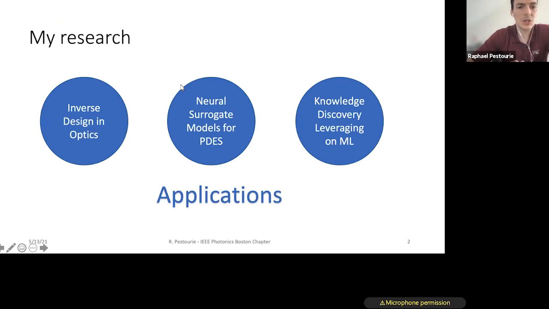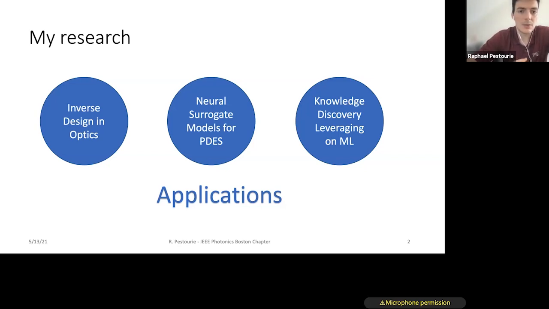My research interests from my PhD and postdoc are as follows. During my PhD, I focused on inverse design in optics. Since my postdoctoral studies, I have started to consider neural networks and machine learning as a complementary tool to more traditional techniques.